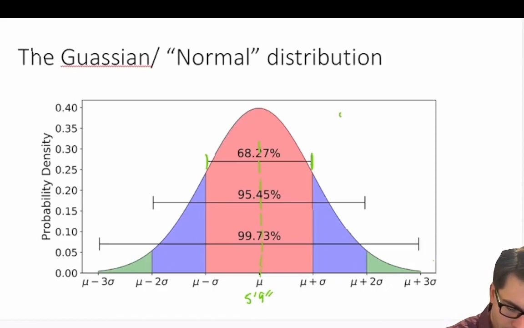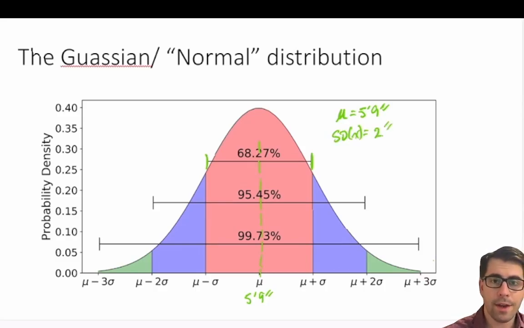So our value for mu is equal to 5'9", and our standard deviation is equal to 2 inches. Again, I'm just making these numbers up. In a practice problem or a real life problem, you're going to have to calculate your mean and standard deviation. But for this problem, I'm just going to make it up.